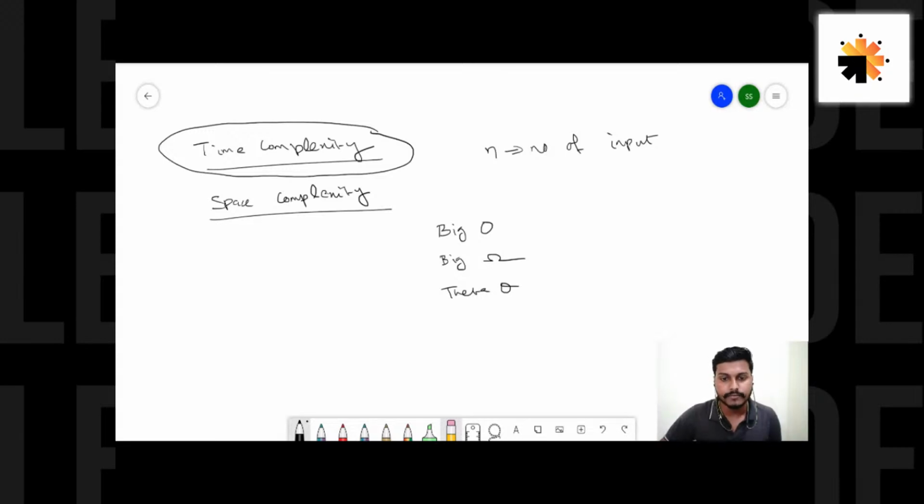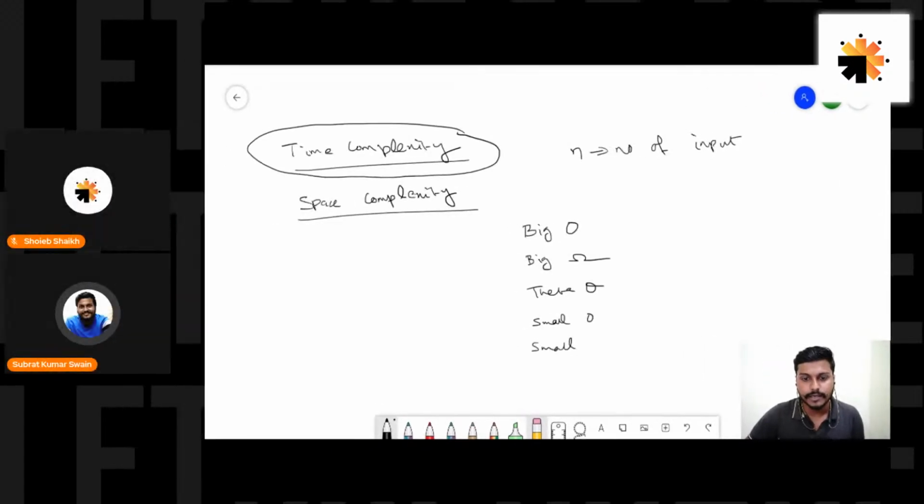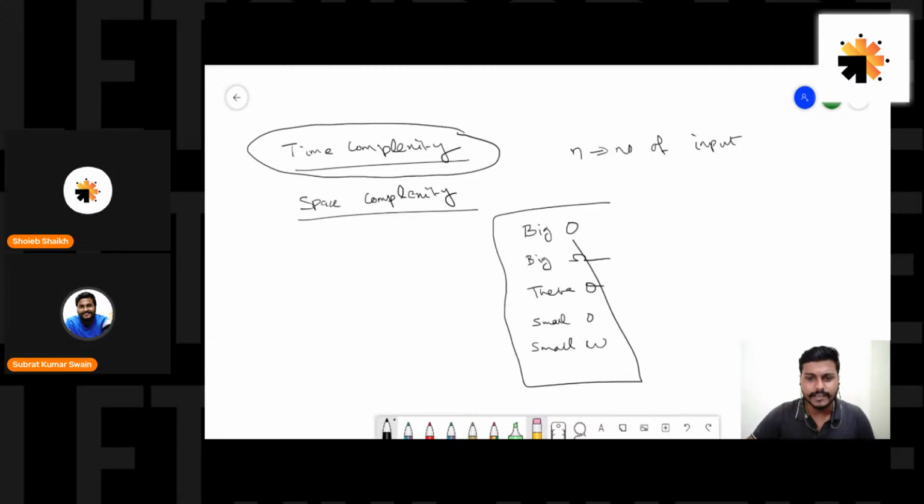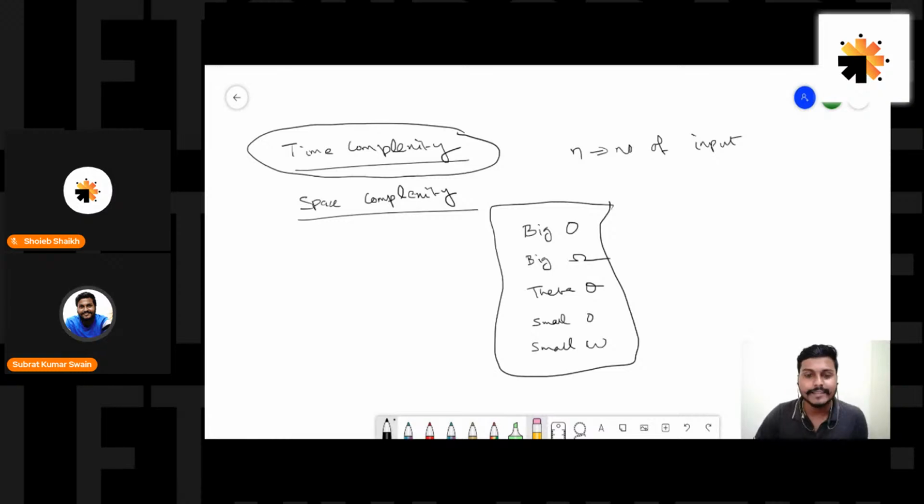Then we have small o or little o. Similarly, we have small omega. These 5 are there. There is no small theta. Normally you can call it big theta, but we would refer to it as theta. Got it? Okay.